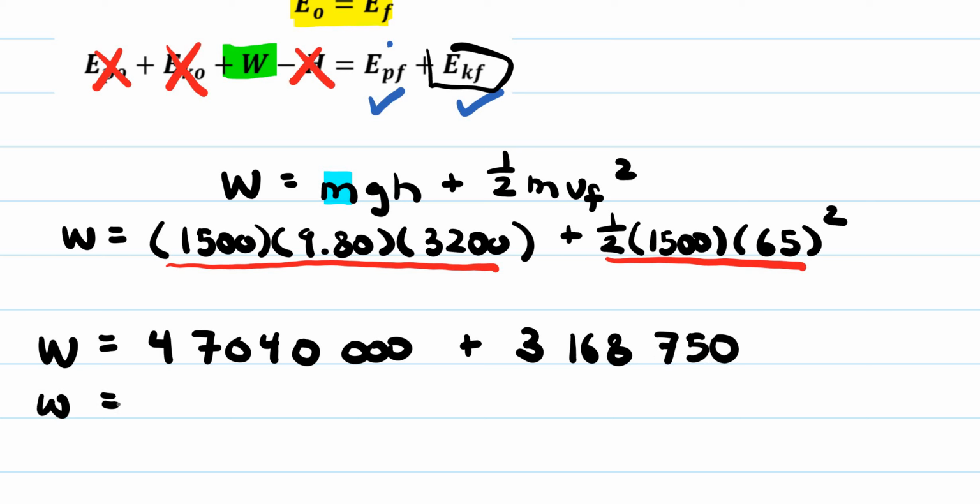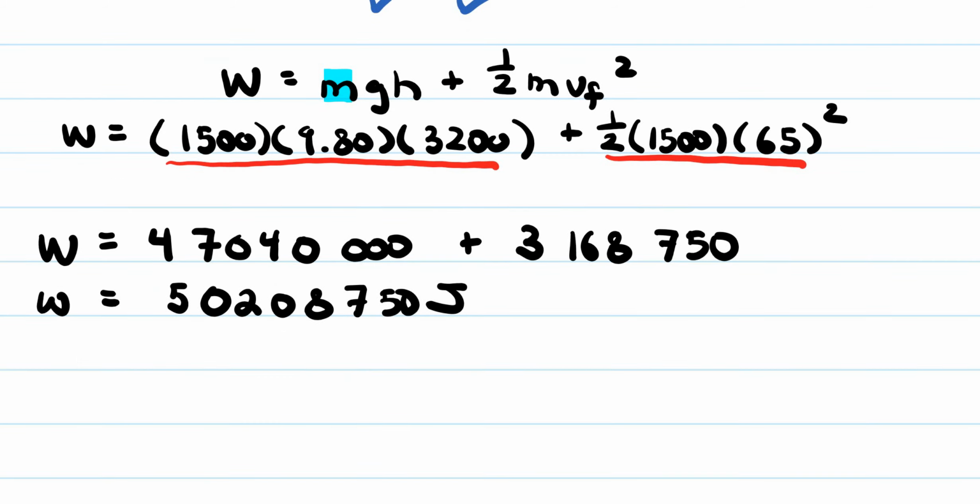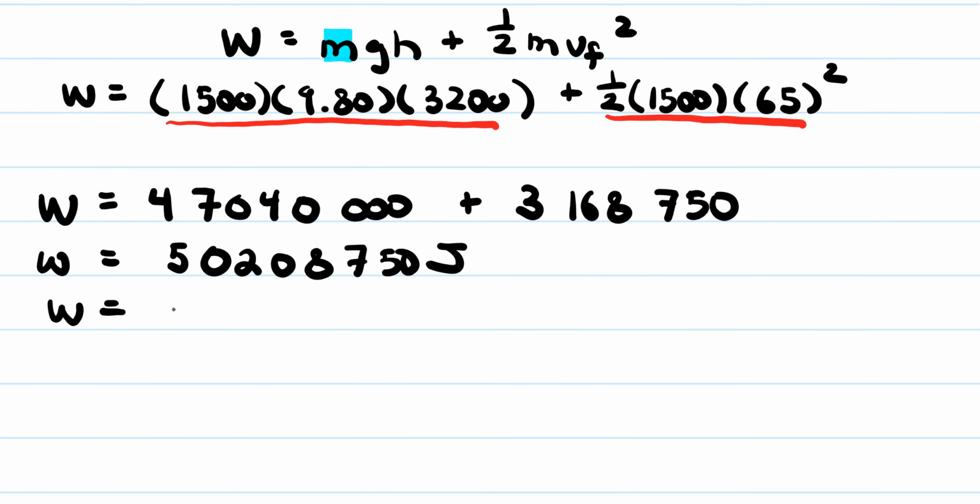If I add the two energies together, it's about 5.0208750 times 10 to the 7 joules. If you want to round that to scientific notation, it'd be 5.0 times 10 to the power of 7 joules of energy. So that's the amount of work you need for this particular problem.